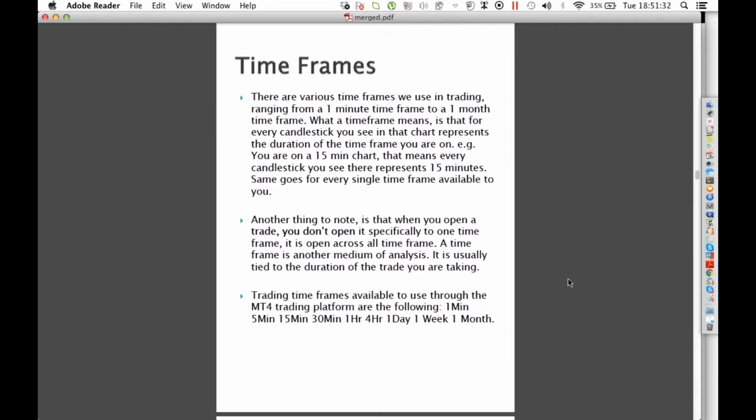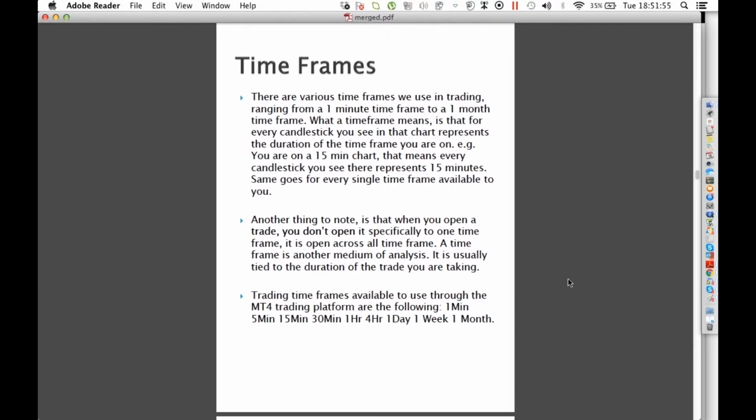Now we'll discuss this later, but a higher time frame holds better value than a lower time frame. So buyers on a daily chart are much stronger than buyers on a 1-minute chart. The sellers on a monthly chart are much stronger than sellers on a daily chart.